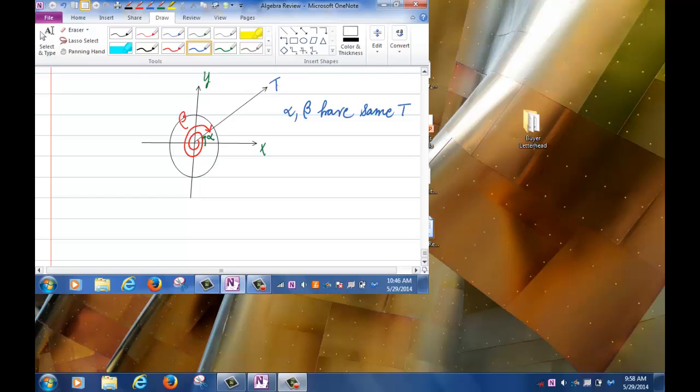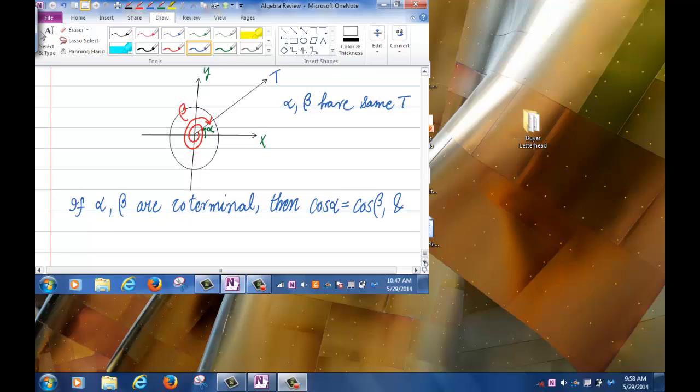If alpha and beta are coterminal, then cosine alpha is the same as cosine beta, and sine alpha is the same as sine beta, right? You guys agree with that?